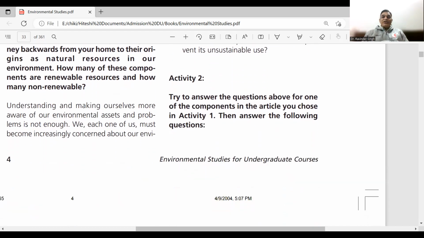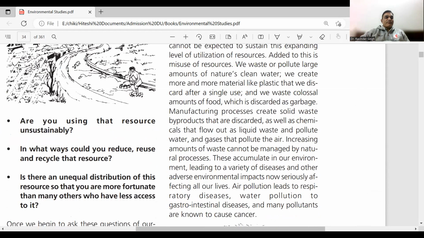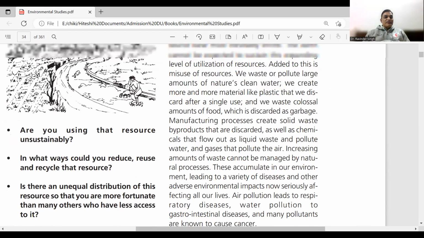Activity 2. Try to answer the questions above for one of the components in the article you chose in Activity 1. Answer the following questions. Are you using that resource unsustainably? In what ways could you reduce, reuse, and recycle that resource?